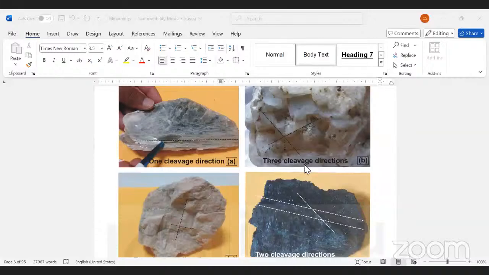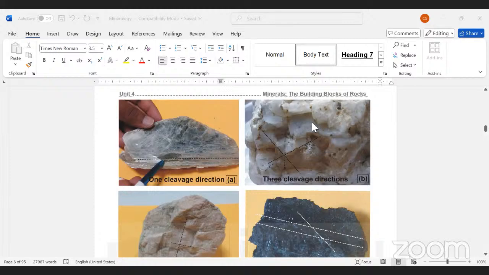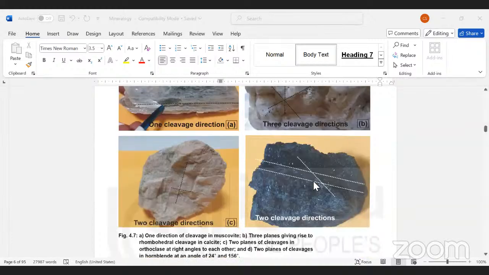And here in calcite, on the surface we see one, two, three types of fractures, small cleavages. Third one is orthoclase. Here in this case, we see two sets of directions.